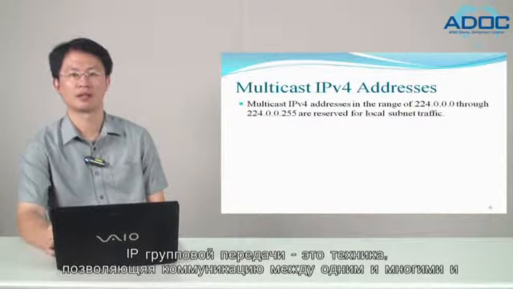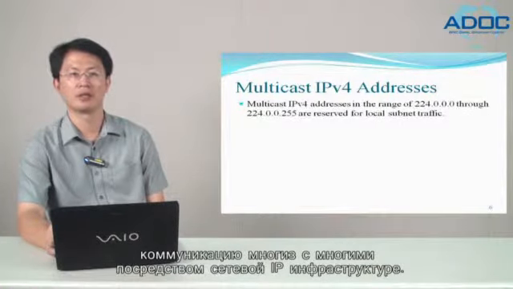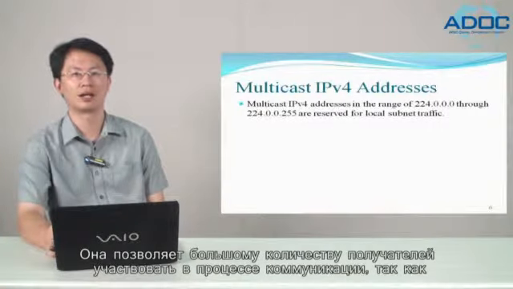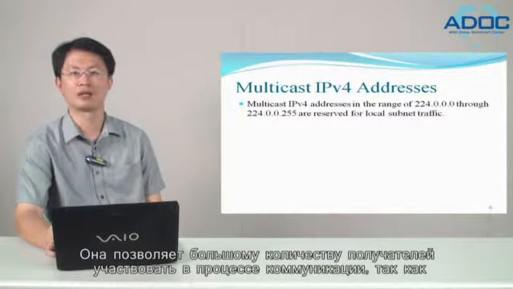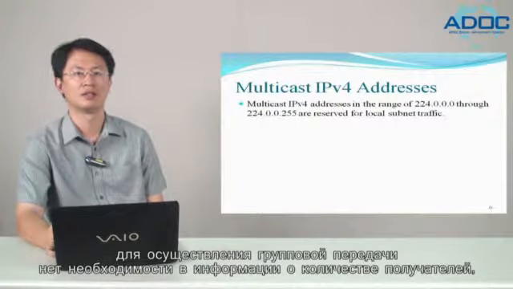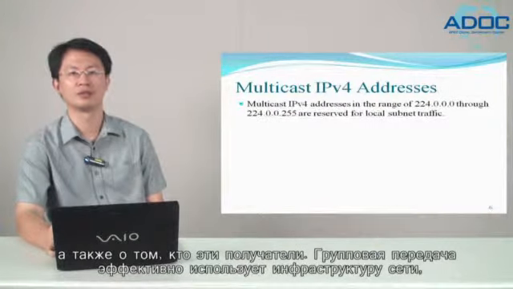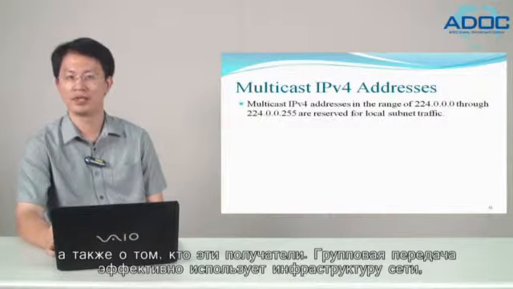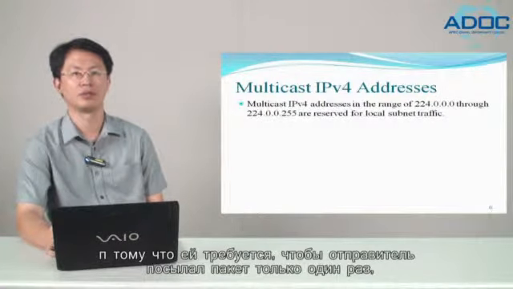An IP multicast is a technique for one-to-many and many-to-many real-time communications over an IP infrastructure in a network. It scales to larger receiver populations by not requiring prior knowledge of who or how many receivers there are. And multicast uses network infrastructure efficiently by requiring the source to send a packet only once.